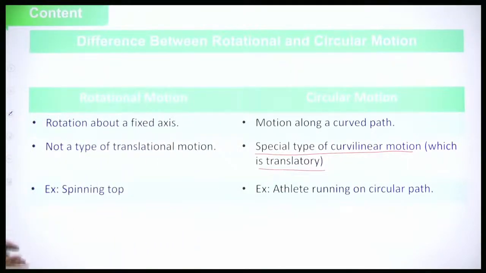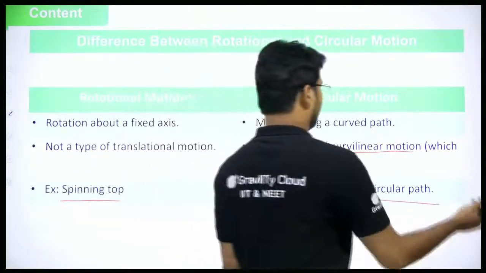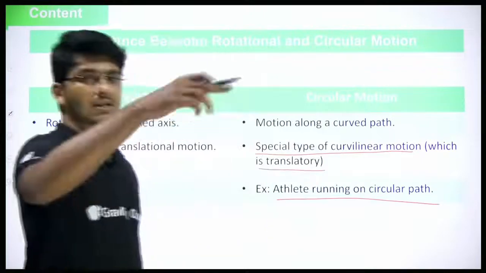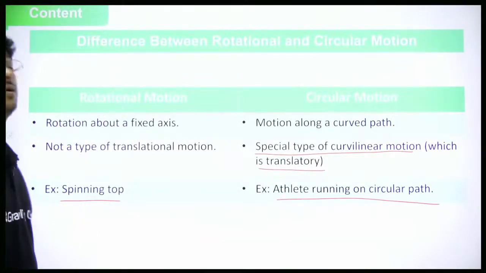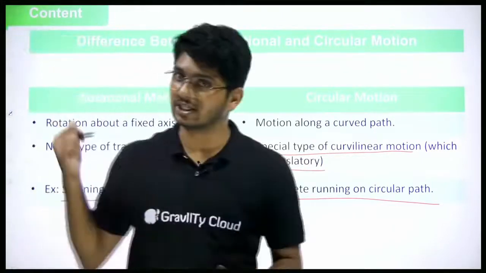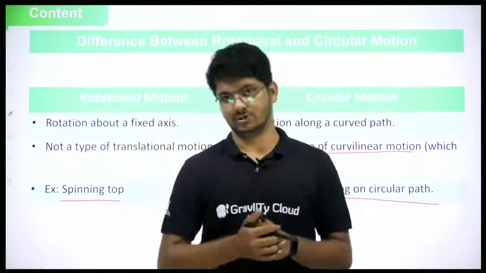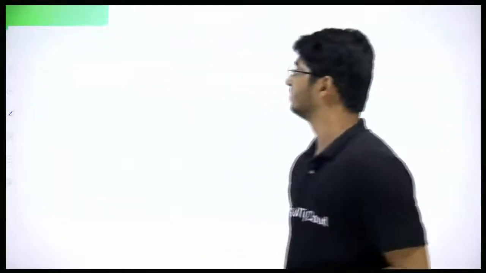Then you have other examples of rotational motion: a spinning top, the Beyblade. And an athlete running on a circular path. He or she runs on a circle, that is circular motion. Understood? Simple differences between rotational and circular motion. Clear? Okay, let's continue further.